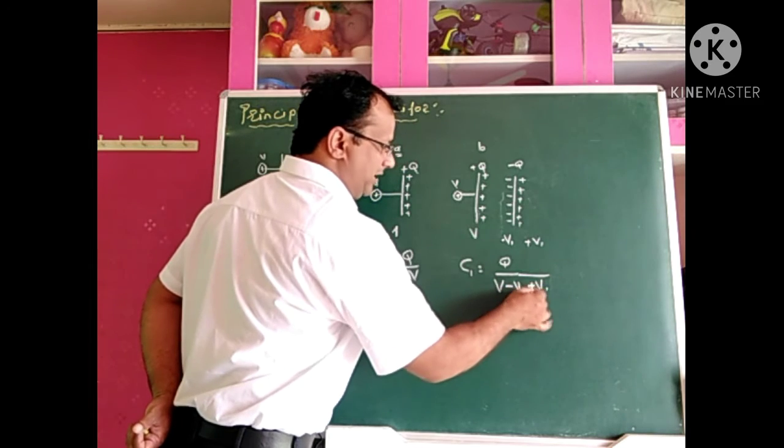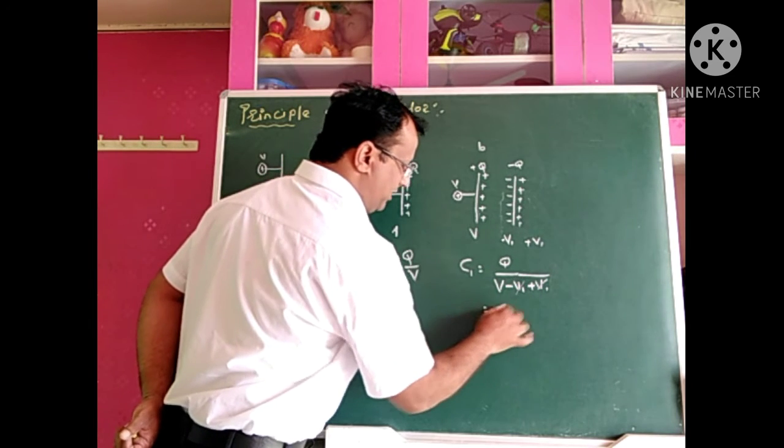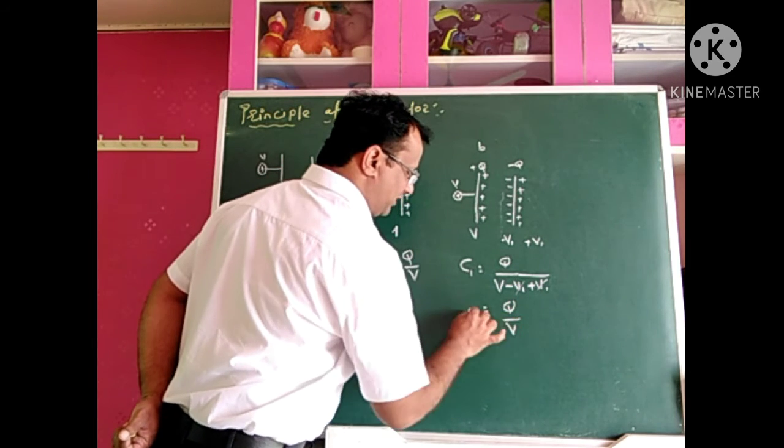The plus and minus get cancelled, so we get Q upon V.